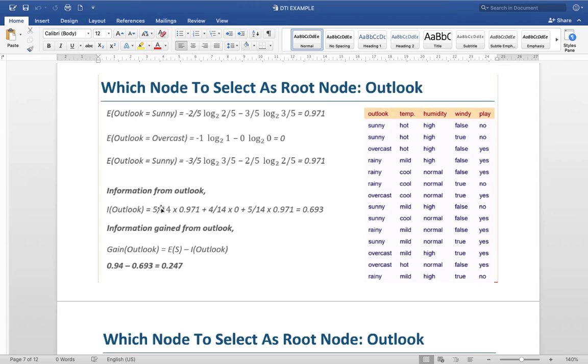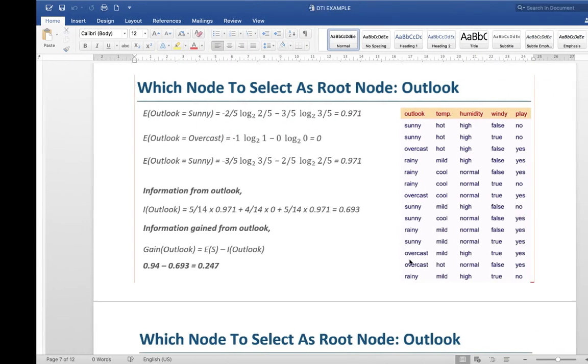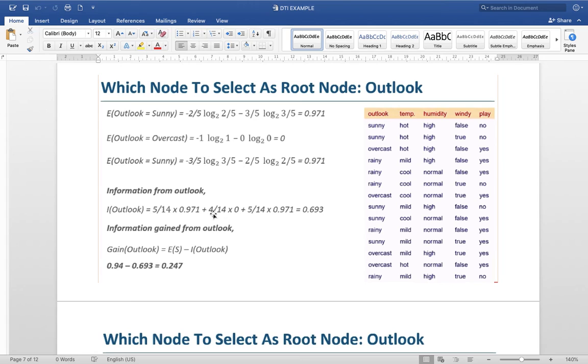In case of outlook, there are a total of 5 for sunny, so this is 5 by 14. Total 4 for overcast, and total 5 for rainy, and these are the respective values of each.